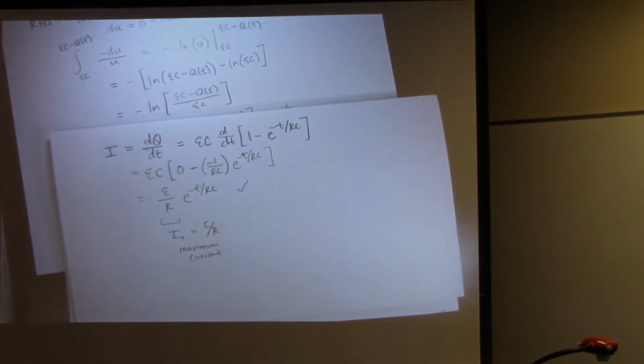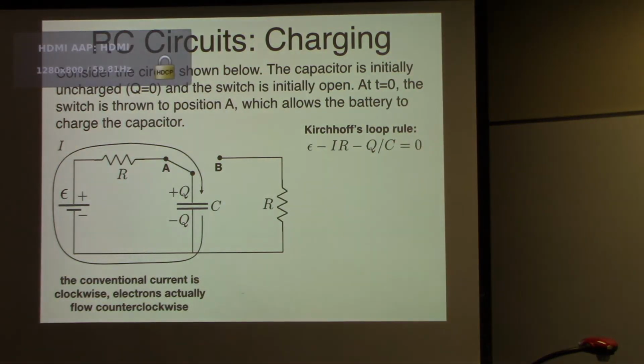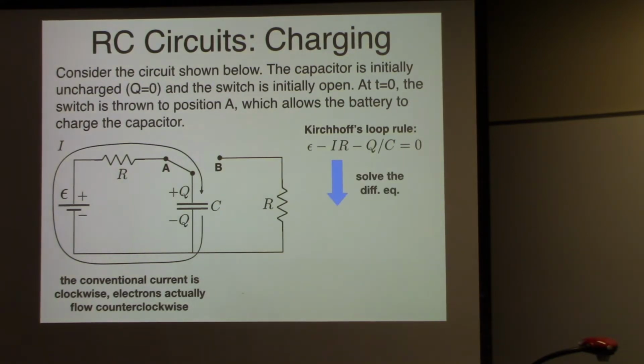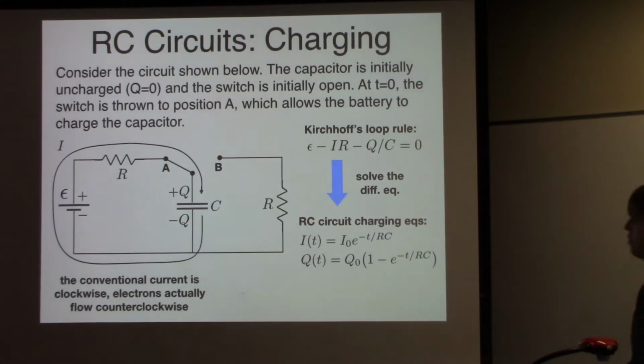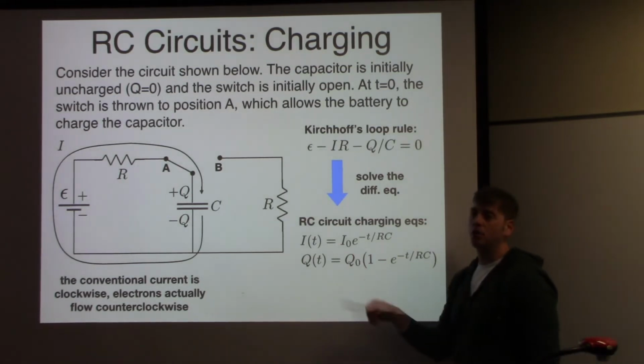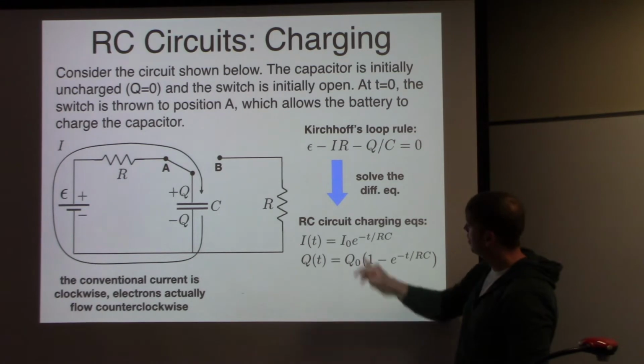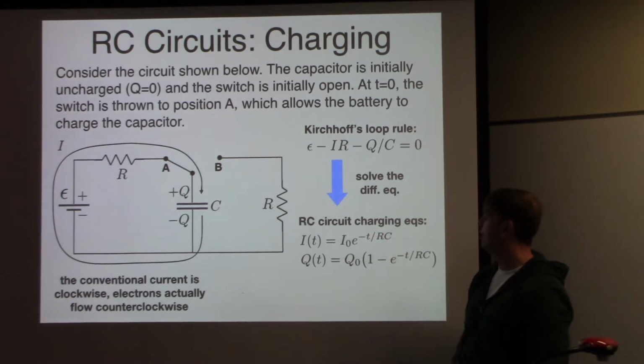All right, so that was a lot. Let's summarize everything we just did. We have Kirchhoff's loop rule, and that looks pretty simple on its face, but when you realize it's a differential equation, there's actually a lot that goes into solving that. And what we got were our two RC circuit charging equations. So what does this say? The current as a function of time is equal to I naught, which is your maximum current, times e to the minus t divided by RC.